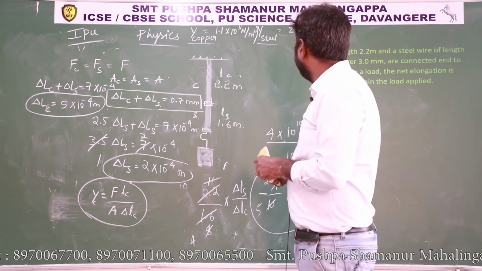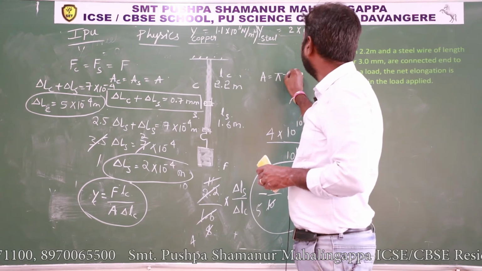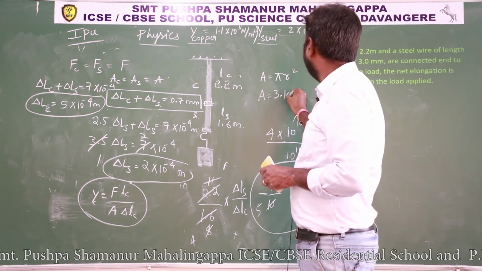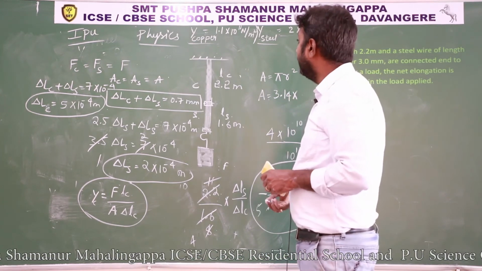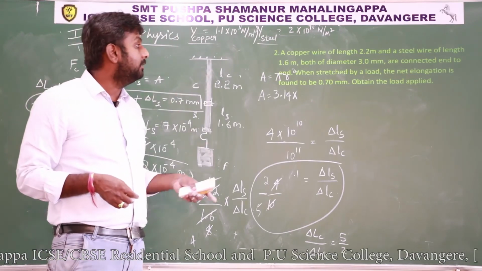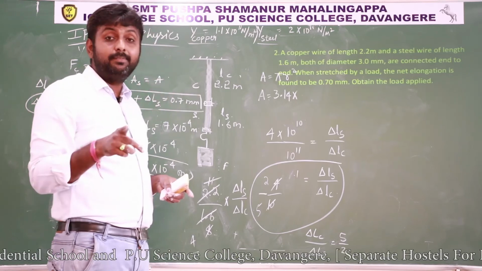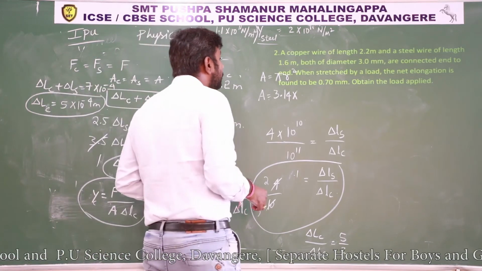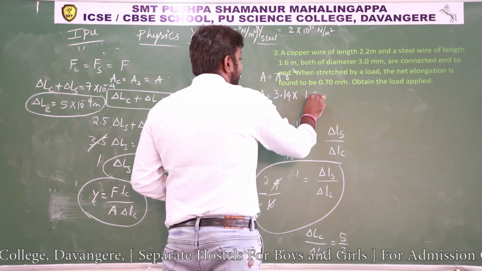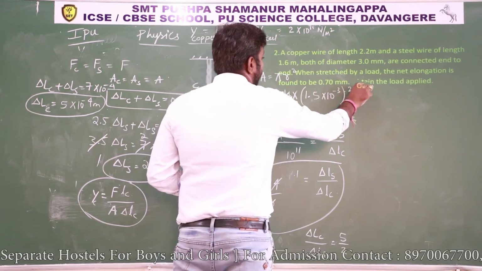Here area A equals pi r square. So A equals pi, meaning 3.14, multiplied by r square. In the question the diameter is given. Diameter is 3 millimeter, which means radius 1.5 millimeter. 2 times the radius is nothing but diameter. So 1.5 into 10 to the power minus 3, whole square.